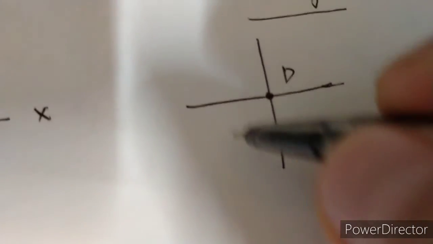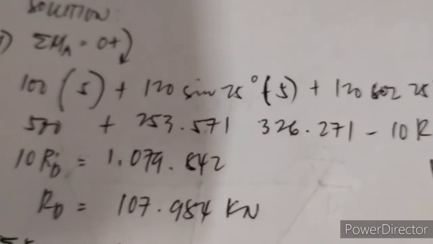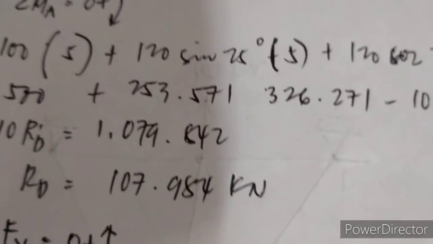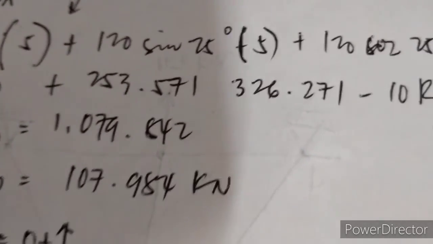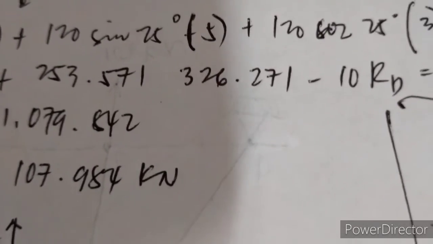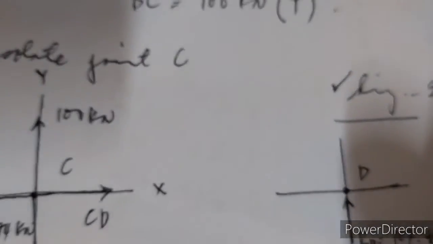We have RD, the value of RD from earlier, which is 107.984 kilonewtons.